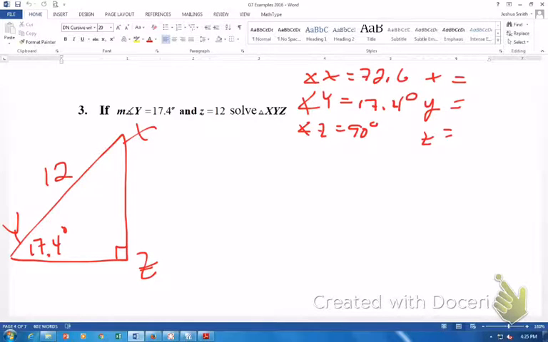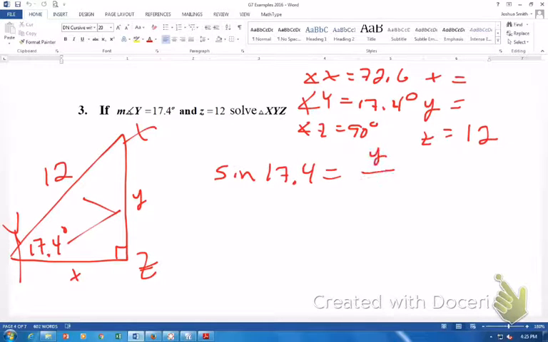It's the other sides, because z is the side opposite angle z, which is the hypotenuse, is 12. It's the other two sides, x and y, that we need to go find. Okay, so this is little y, this is little x. If I want to find y, I know this angle, angle y, so I'm going to use opposite and hypotenuse to get y. So I'm going to use sine. Sine uses opposite and hypotenuse.